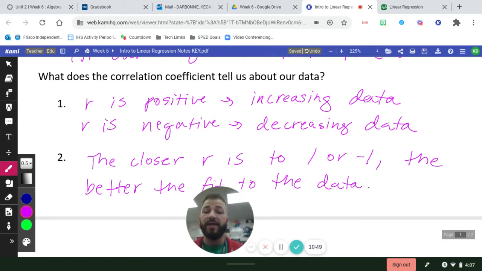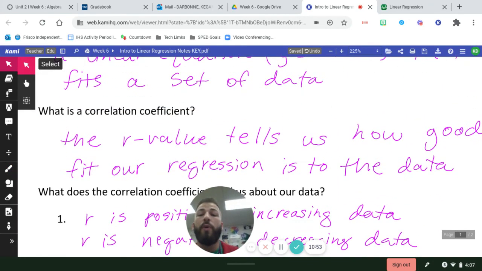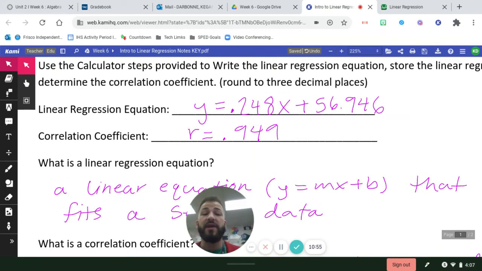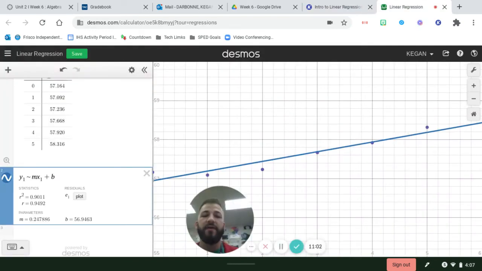In our case, our R value was 0.949. So that was a really good fit to the data because it was really close to 1. We can see from our graph that our line was a really good fit to this data. Our data points were pretty close to our line. See how they're not that far apart and the line even goes through a couple of them? That means that our line was a pretty good fit.